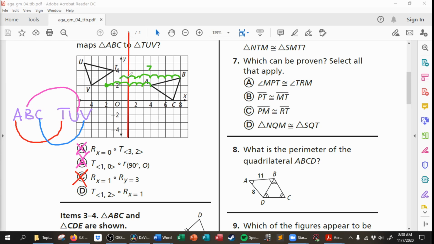So 1, 2, 3, 4, 5, 6, 7. And here we have 1, 2, 3, 4, 5, 6. I'm going to go ahead and erase my counting lines because we don't need those. Oh, I also erased my line of reflection. That's fine. So now we have to label these.